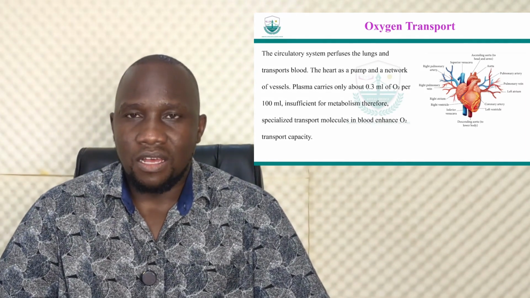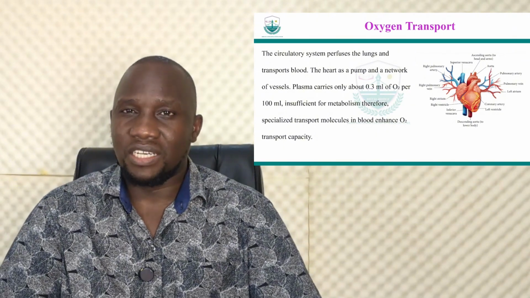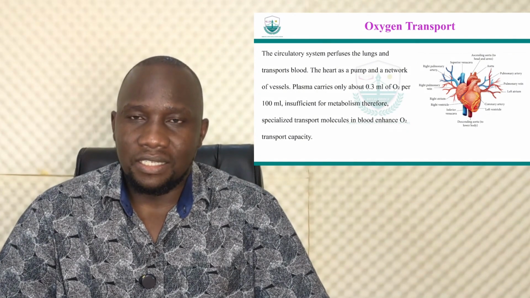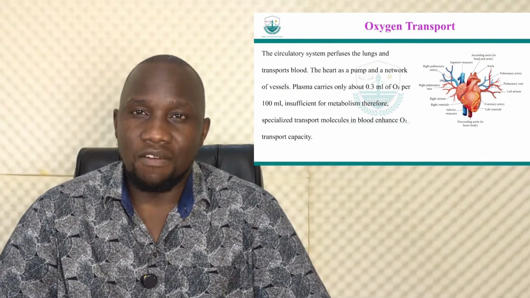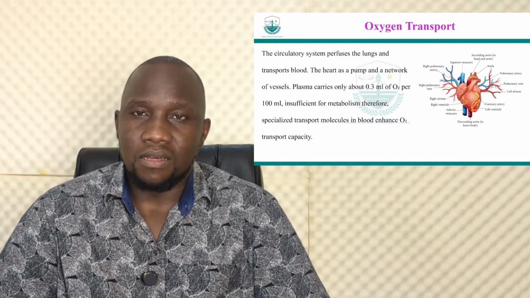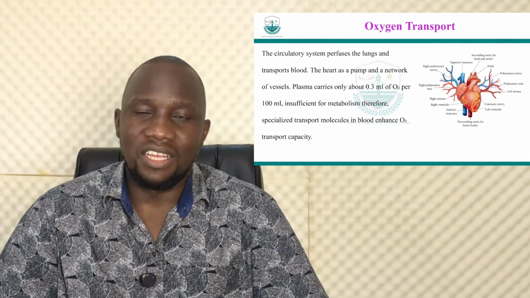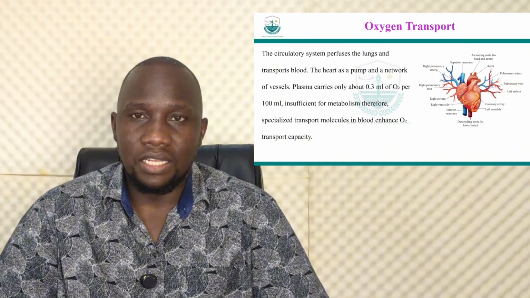We need cells called red blood cells to carry this oxygen because of the different adaptations that we already looked at. The heart definitely plays an important role in the delivery of oxygen. That's why we have that image there. The heart pumps blood. If the heart does not work, then you cannot have oxygen being delivered to the tissues that need it.